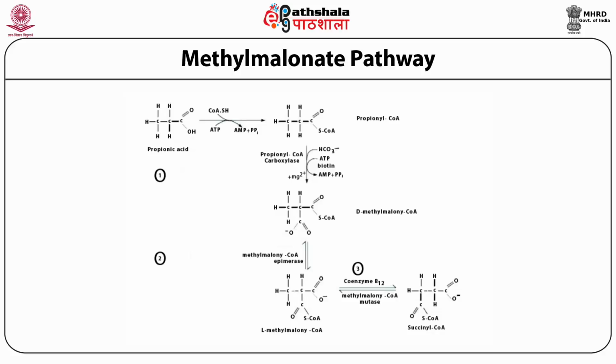In this pathway, the precursor is propionic acid, or the pathway starts with propionic acid and gets converted in its first reaction to propionyl-CoA, which utilizes coenzyme A and ATP.